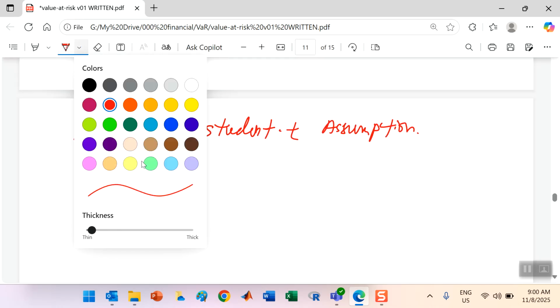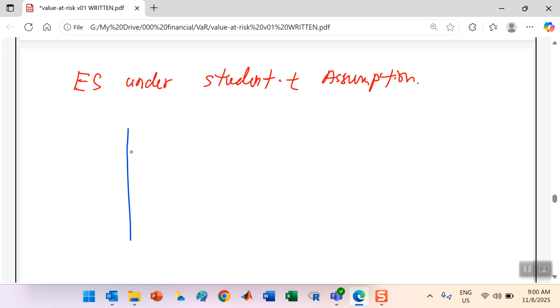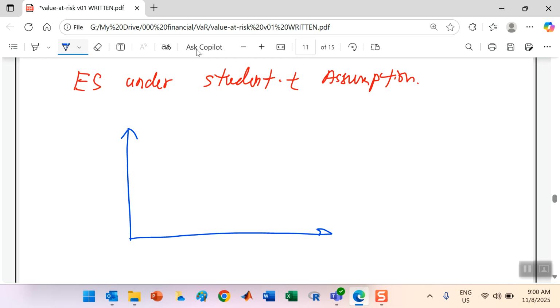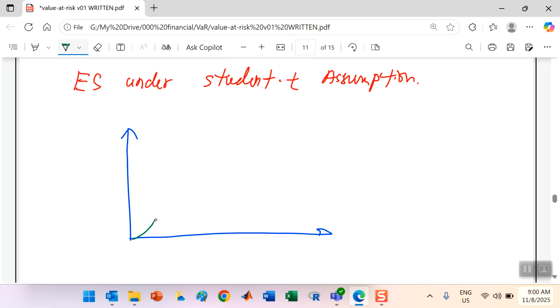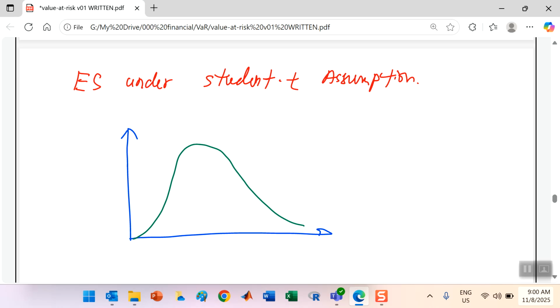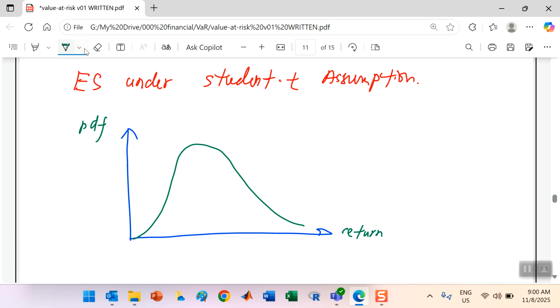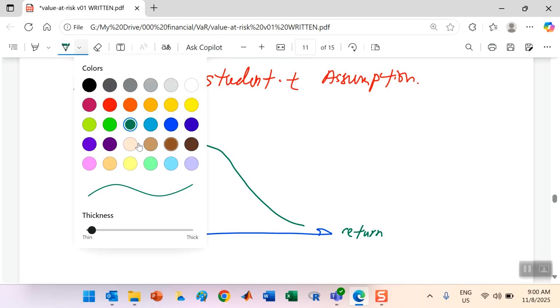First of all, we have a quick review of the difference between the expected shortfall and the value at risk. Basically, you have a return series with such a distribution. You have a return here, then you have the PDF, probability density function involved.